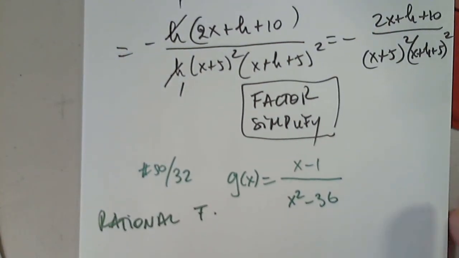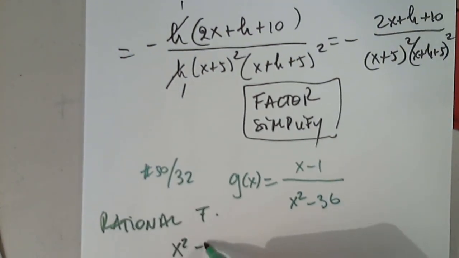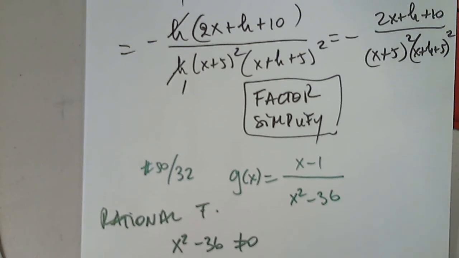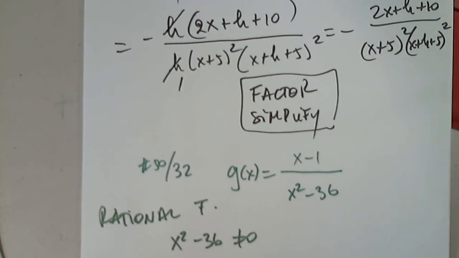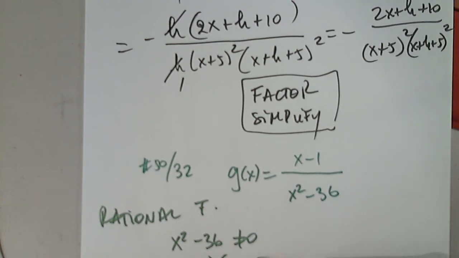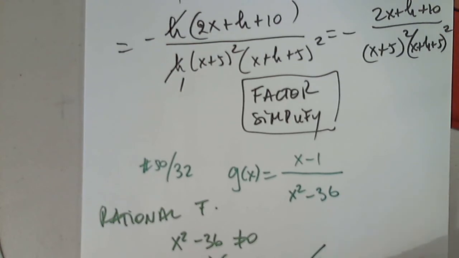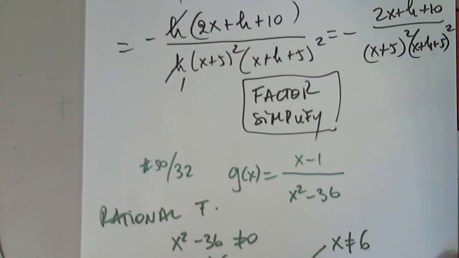Very good. So as we know from before, x squared minus 36 cannot be 0. You either factor or you take 36 and take square roots. So let's say we factor and we get x minus 6 and x plus 6. And this cannot be 0, so then x cannot be 6 and x cannot be negative 6.